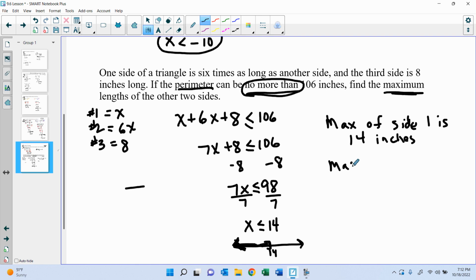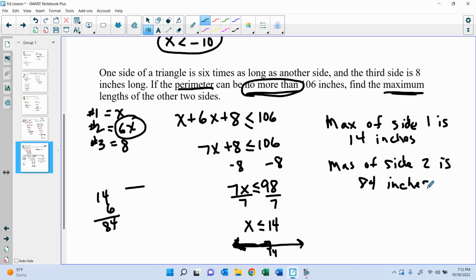And then the max of side 2 is going to be 6 times x. So it's going to be 14 times 6 would be the biggest that it can be. So that's going to be 84.